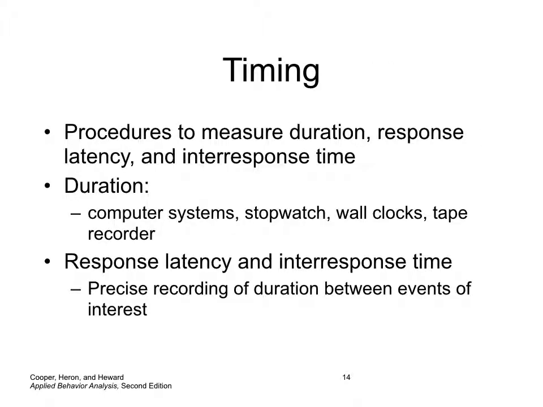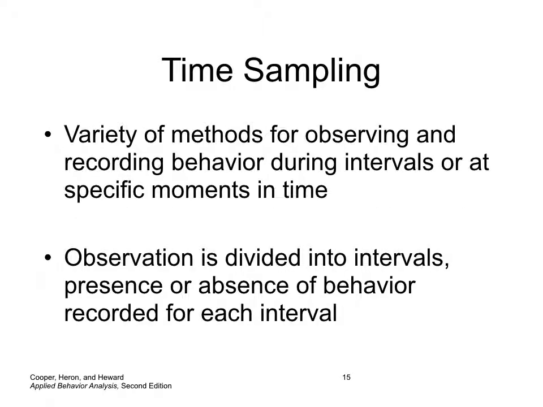Timing procedures use different timing devices, for example, a stopwatch, and procedures to measure duration, response latency, and inter-response time. Time sampling refers to a variety of methods for observing and recording behavior during intervals or at specific moments in time.